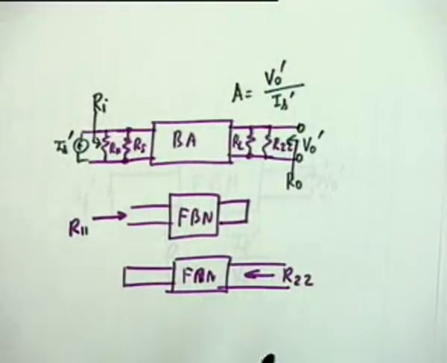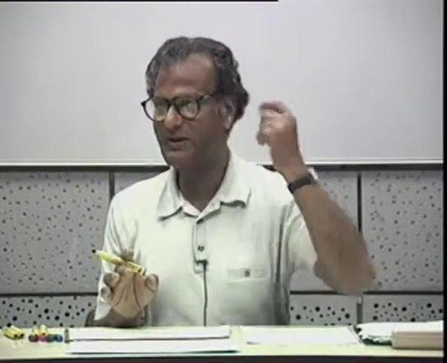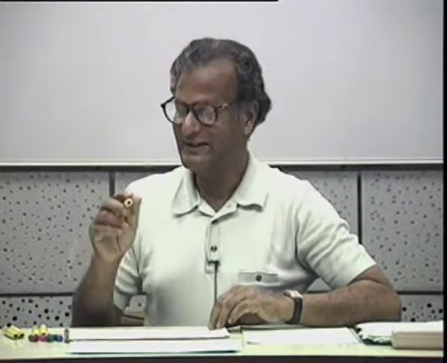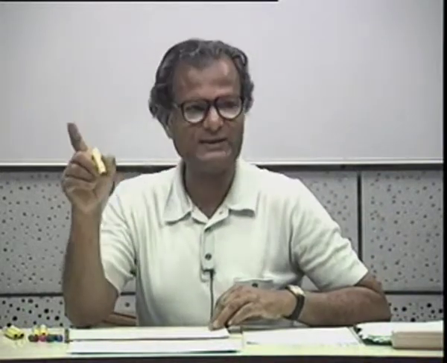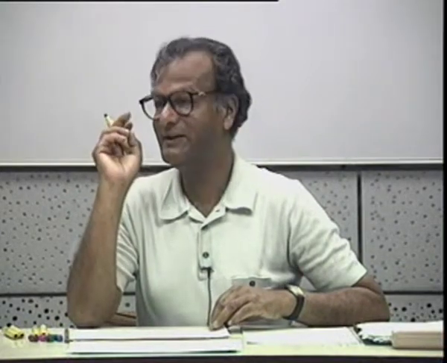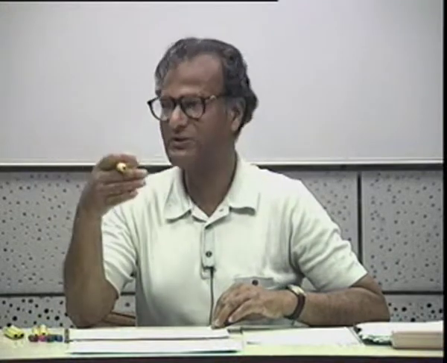One check in all this analysis, which you must keep at the back of your mind, is that the dimensions of A and beta should be reciprocals of each other. Why? Because A beta is dimensionless. A beta adds to or subtracts from 1, and 1 is dimensionless.